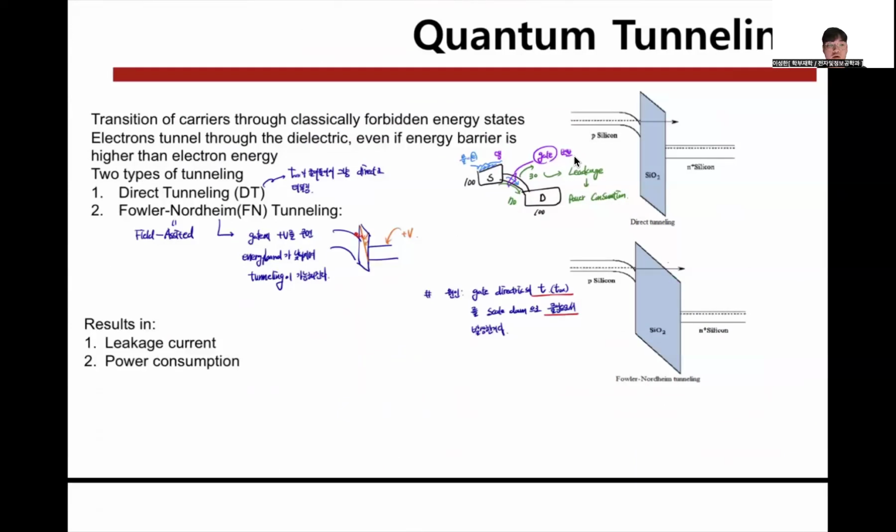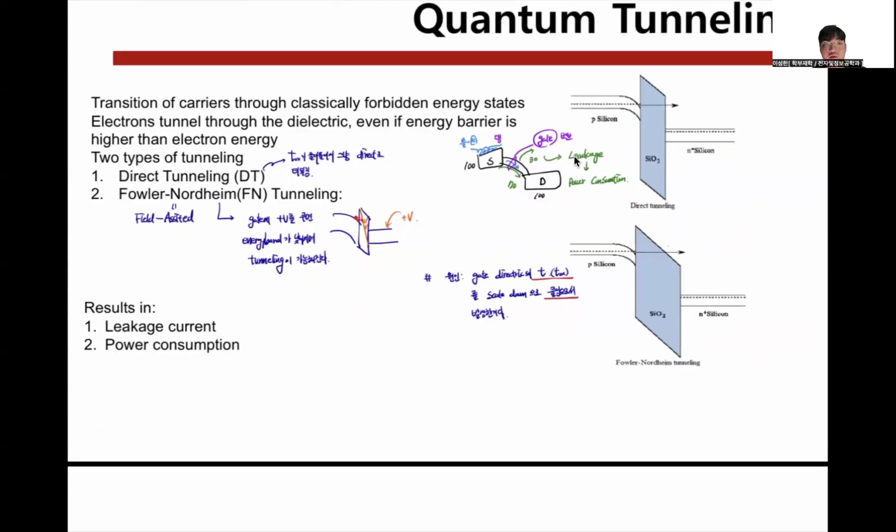First is quantum tunneling: direct tunneling and poly-gate tunneling. Direct tunneling literally means tunneling through the dielectric, because the dielectric thickness is much smaller, so the electrons go through it. Poly-gate tunneling is field-assisted tunneling. When we apply a positive voltage to the gate, the energy band becomes smaller, so the electrons leak.